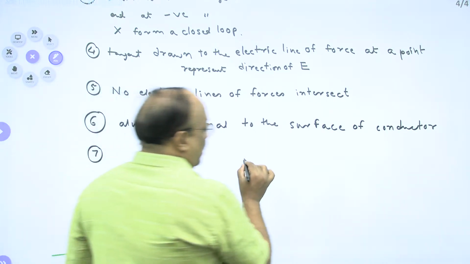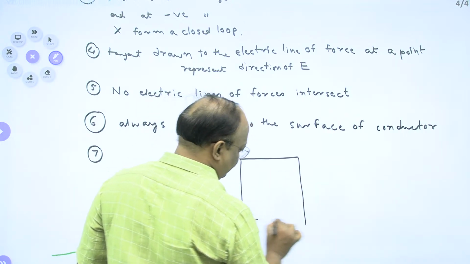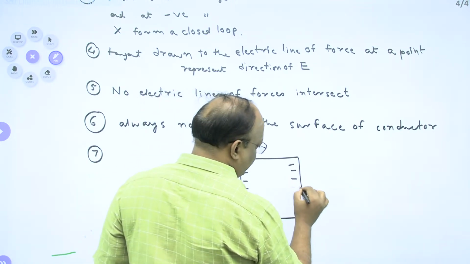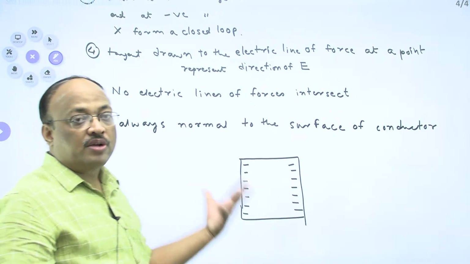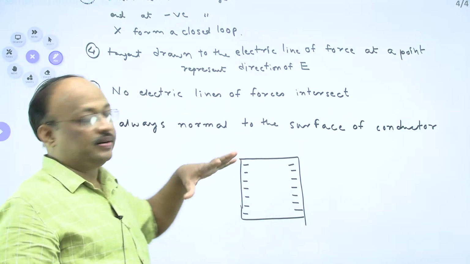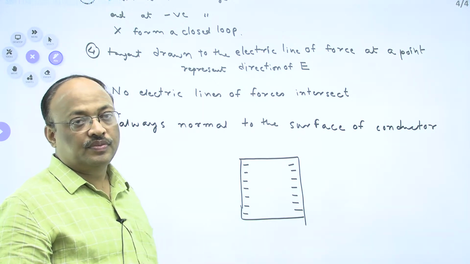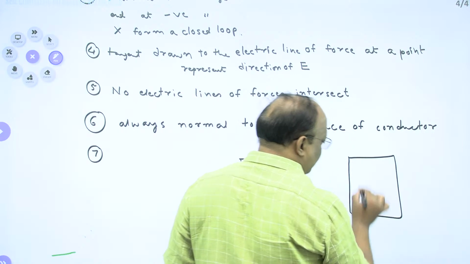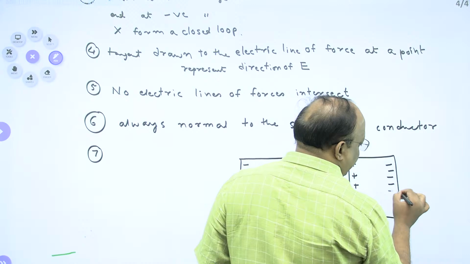Next, electric lines of force do not pass through a conductor. Why is it so? We never get a conductor in which part of it is positive and the other part is negative.